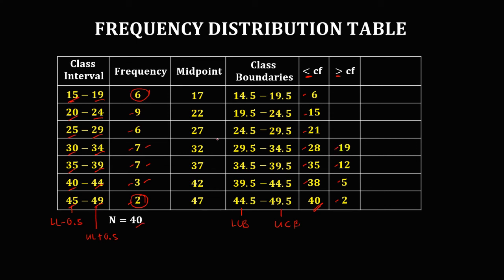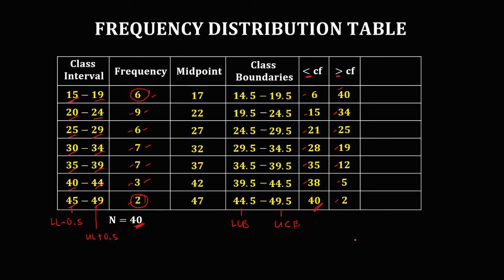Then 19 plus 6 is 25. Then 25 plus 9 is 34. And 34 plus 6 is 40. So the last number should equal the total frequency. This is how to find the less than cumulative frequency and the greater than cumulative frequency.